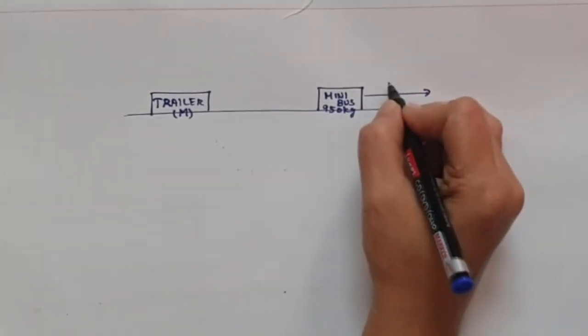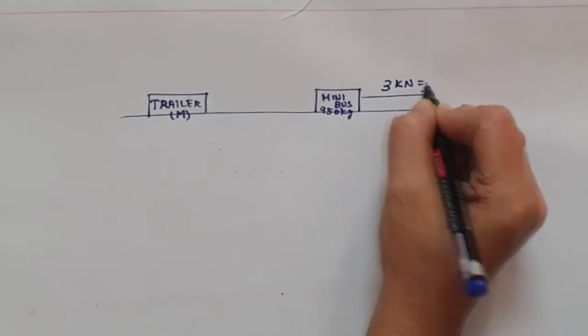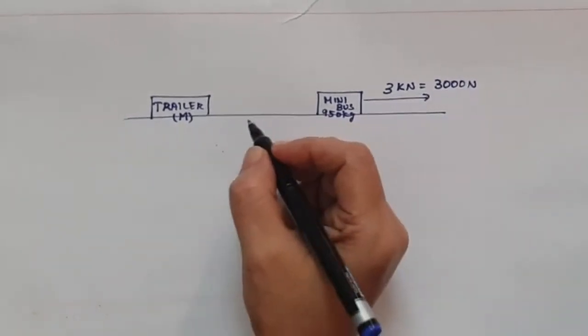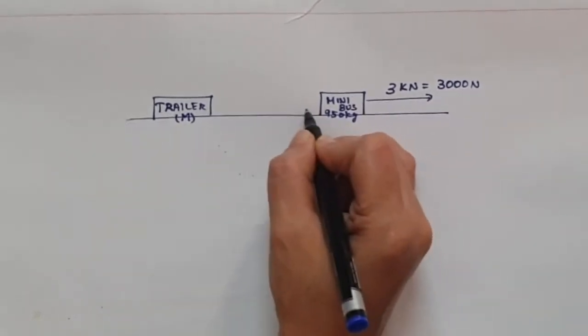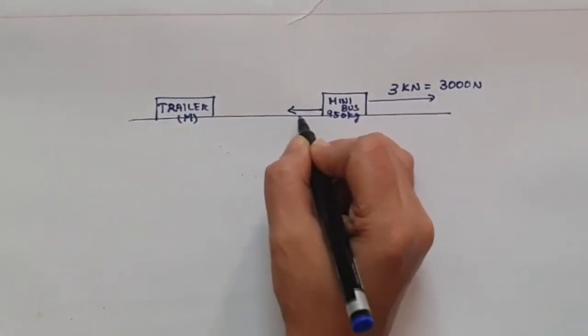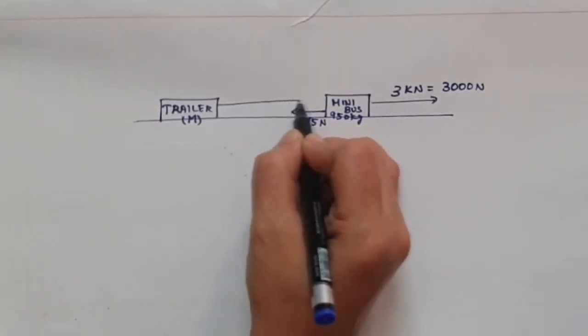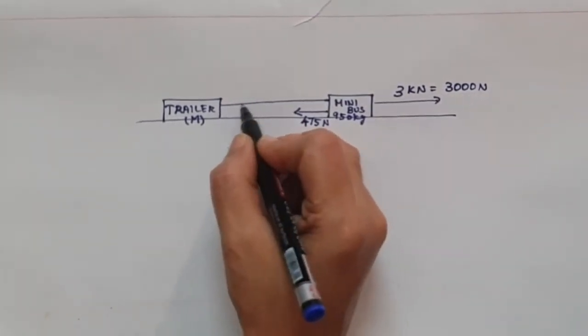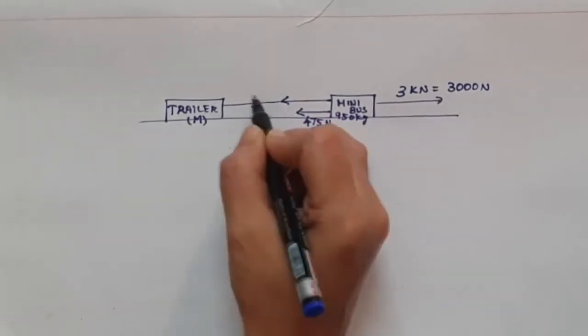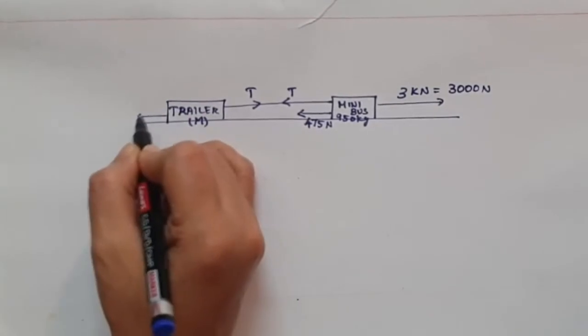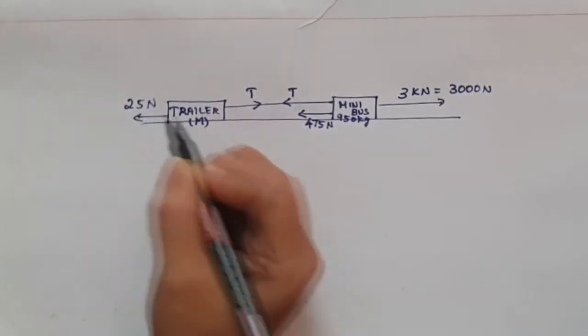The external force of 3 kilonewton is equal to 3000 Newton. Here a force of 475 Newton is applied, and between them there will be a tension over here and a tension here. Again a 25 Newton force is applied.